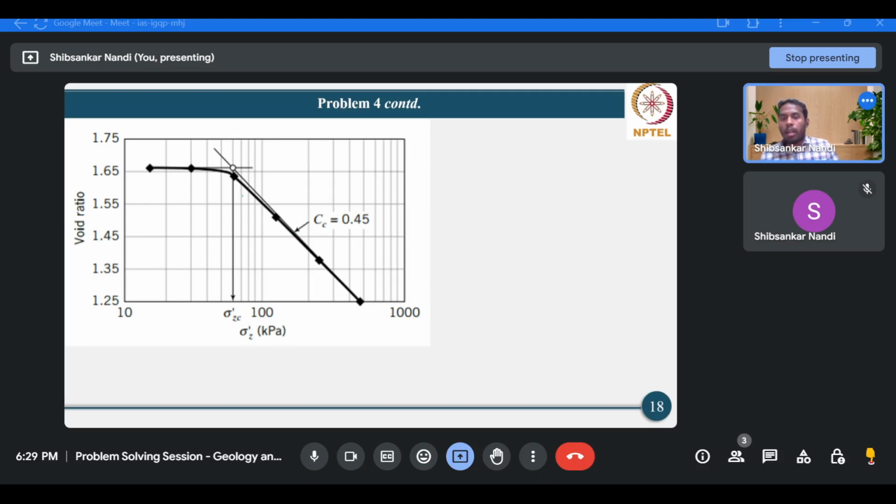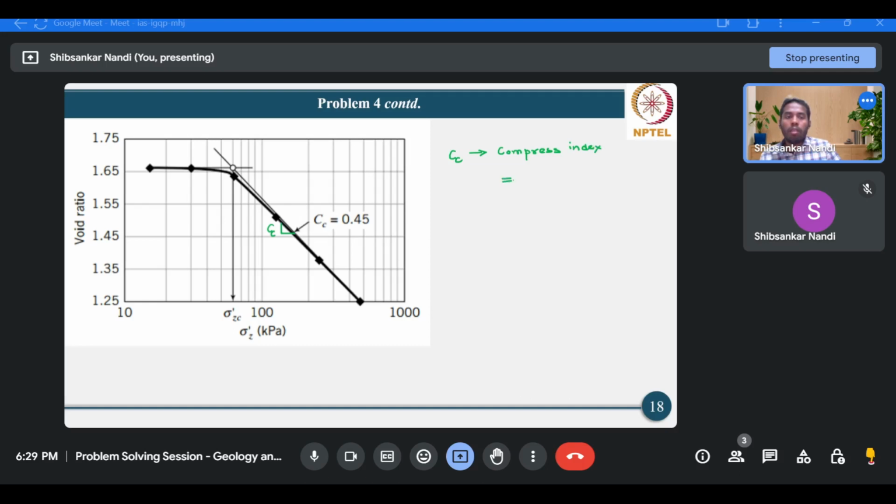Now the gradient of the second linear segment is known as your Cc, which is nothing but your compression index. So the gradient of the second linear segment will give you the compression index. Now how can we calculate the compression index?